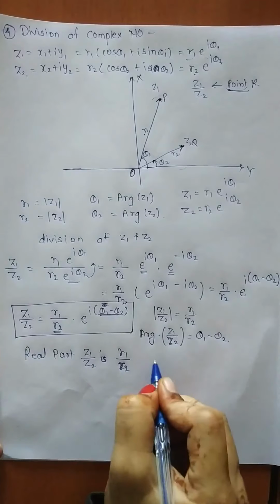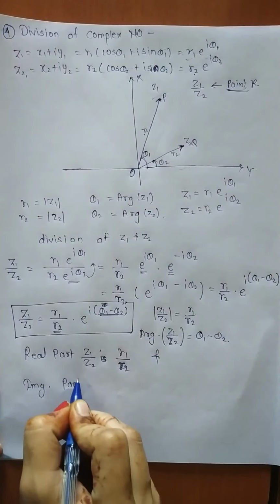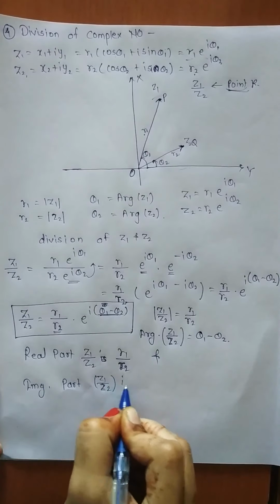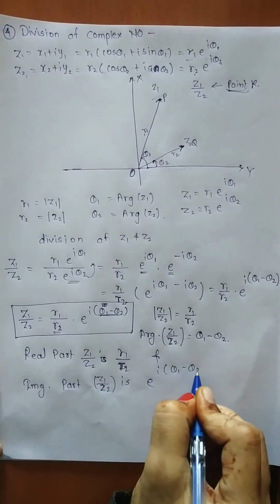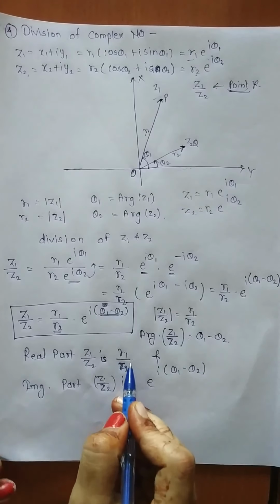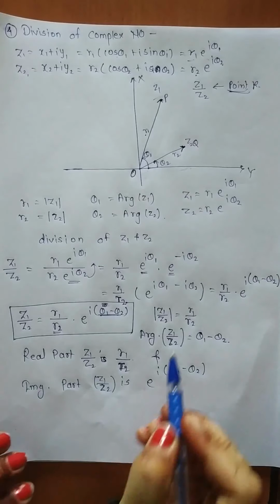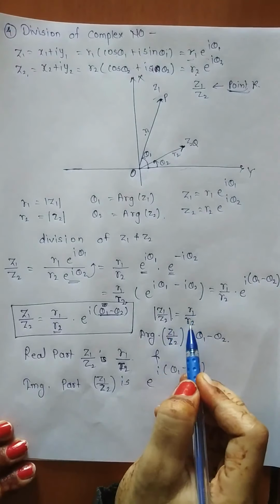This is the real part, and the imaginary part of z1 upon z2 is nothing but e raised to i theta 1 minus theta 2. So this is your imaginary part, and this is the real part of the division of z1 upon z2, where the magnitude of z1 upon z2 is r1 upon r2.